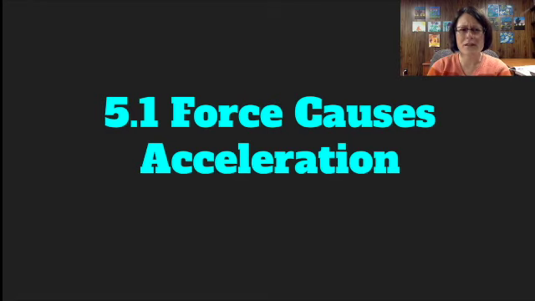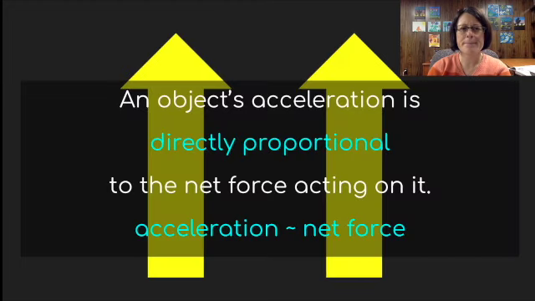So let's talk about section 5.1, the fact that force causes acceleration. The first thing we need to know is that an object's acceleration is directly proportional to the net force acting on it. Therefore, acceleration, with that little tilde, means it's proportional to net force. It's not equal, but it is proportional. And so I have two up arrows.